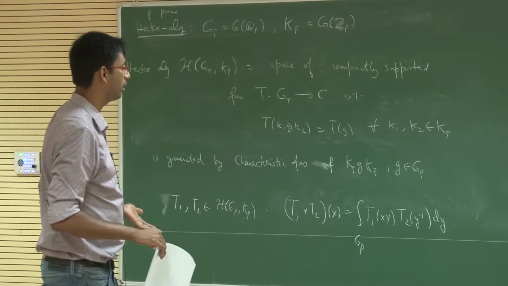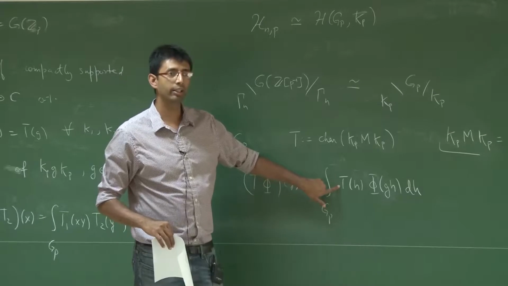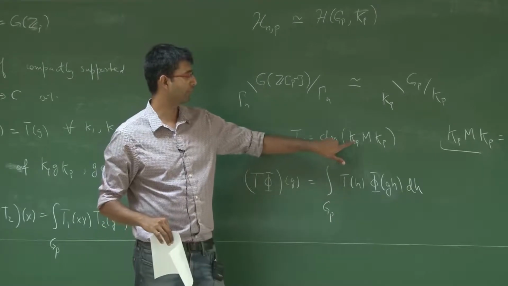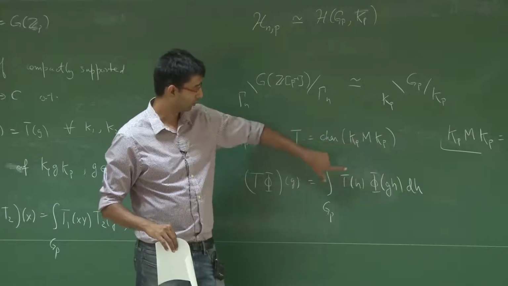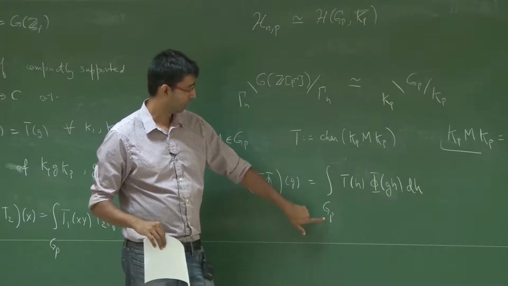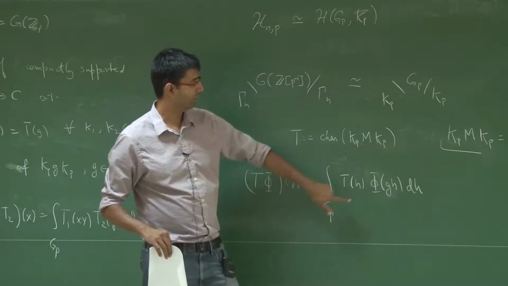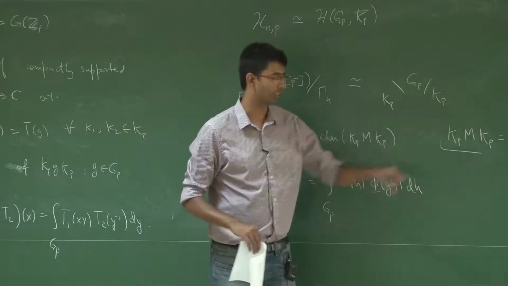It looks completely different now from the classical one, but as soon as I do this kind of decomposition, what would happen? When I'm integrating this, T is a characteristic function of K_p M K_p. So in this integral, T of h is equal to 1 when you are over K_p M K_p. But K_p M K_p is the disjoint union of these guys.